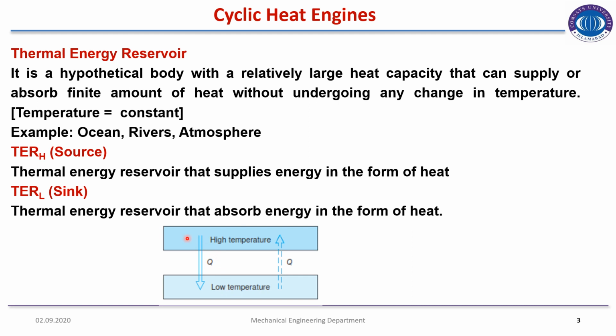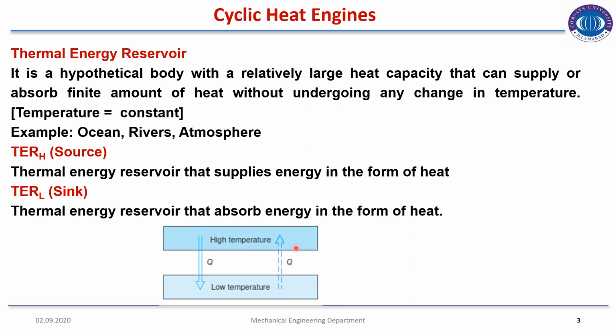TER H, the thermal energy reservoir at higher temperature, is known as source. The thermal energy reservoir at low temperature is known as sink. And as you know, heat is always transferred from higher temperature to low temperature. That is why the arrow is solid, whereas on the right hand side you can see the dotted line arrow.